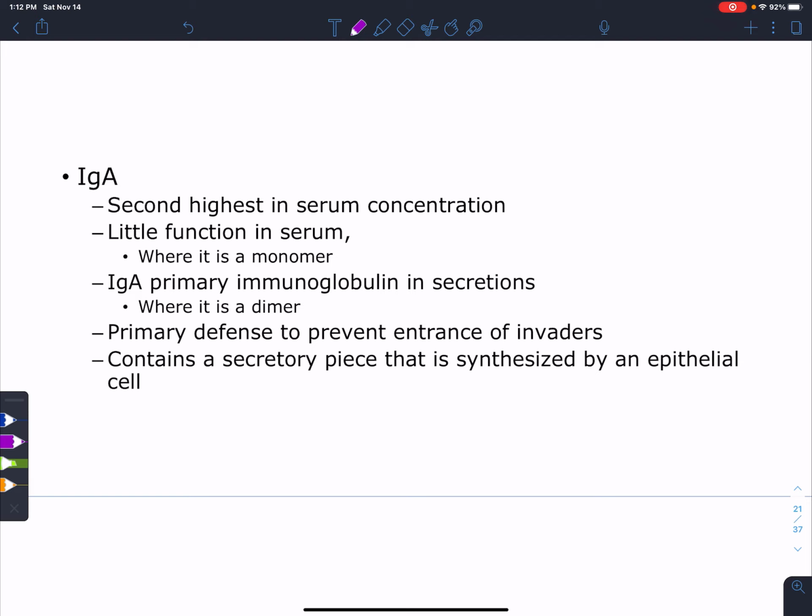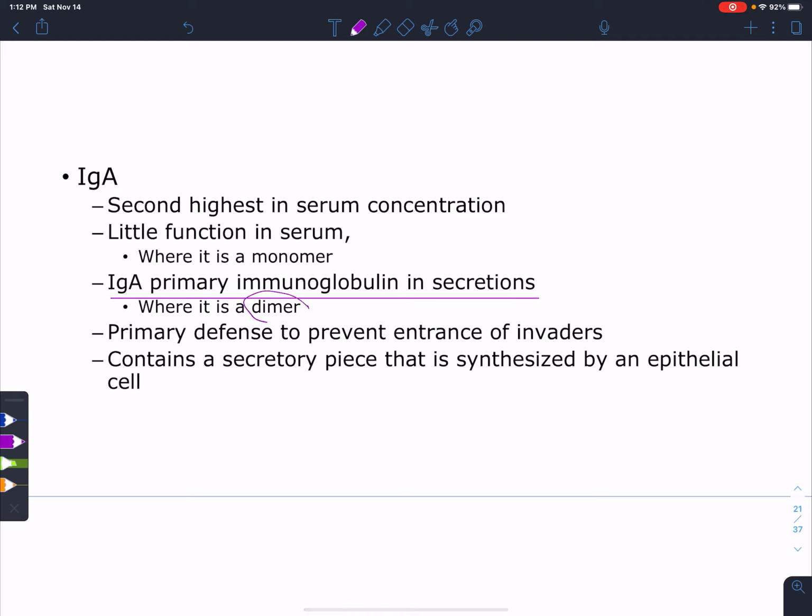So IgA, it's the second highest in serum concentration. There's little function in the serum, where it doesn't do much when it's in there. Its primary function is in secretions, okay?